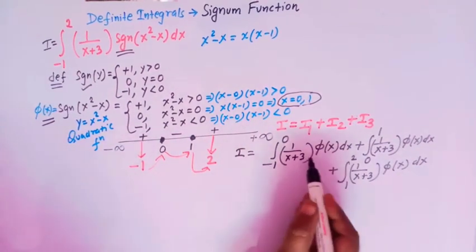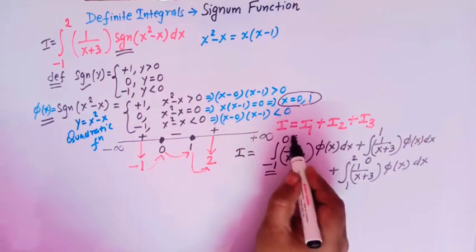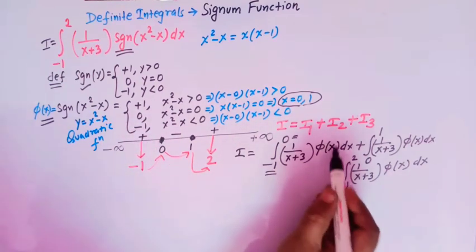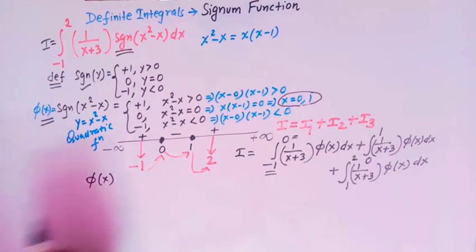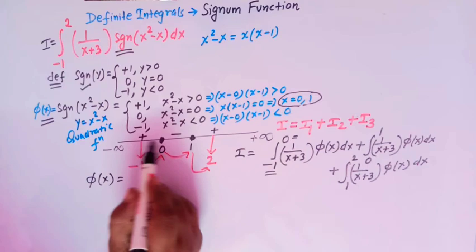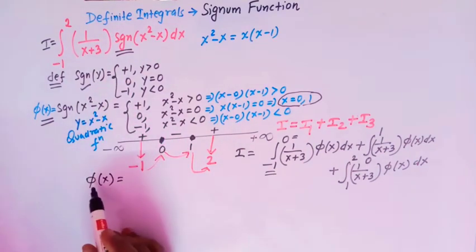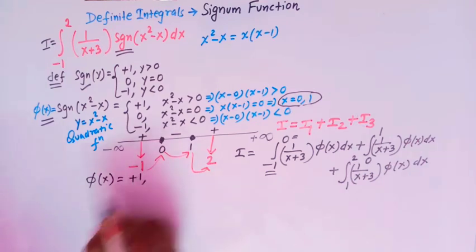Now when we have the value of x from minus 1 to 0, then we see that the value of phi of x is, see, in this interval we have the positive sign, right? So we have the sign of phi of x as plus 1, right?